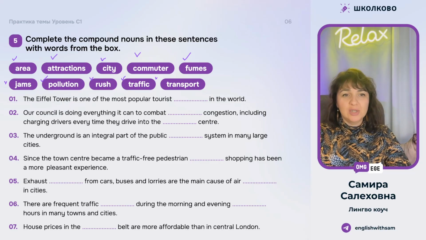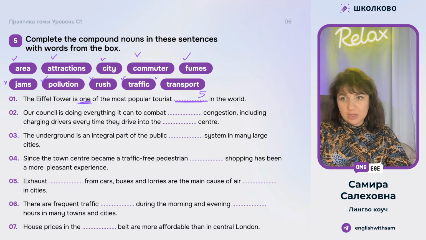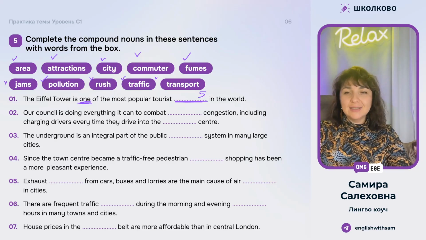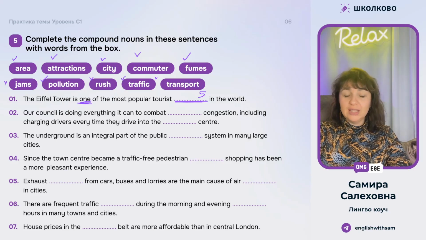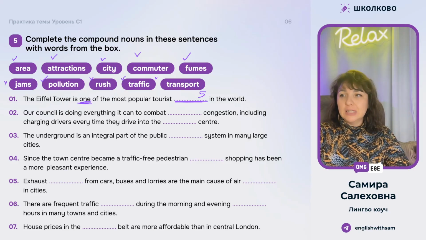Attraction, of course, should be popular. One. Смотрите, ребяточки, когда у нас тут идет "один из", нам для словообразования это, кстати, достаточно необходимо помнить, что дальше существительное обязательно должно быть во множественном числе, потому что один из чего-то большего не может быть один из единственного числа.